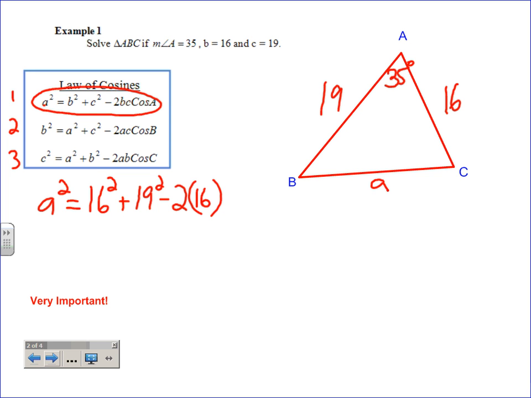That's why it's not on the inside. If we don't know it, how is having it in here going to help? All right, times, what should I write next if we're following the formula? It says 2 times b times c, which in this case is 19, and then cosine of angle A, which is 35. So did that basically use all the information we had to help us find the side?